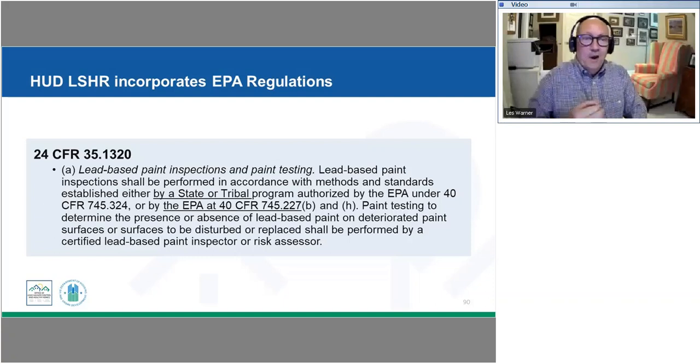So our lead inspection and paint training references back to the methods and standards established by the EPA, and also lays out the definition for paint testing, determining whether we have lead paint when we're dealing with deteriorated paint surfaces. So keep in mind that you will need to follow, in some cases, both the EPA and the HUD regulations, and we're going to look in a couple of minutes at a side-by-side comparison.